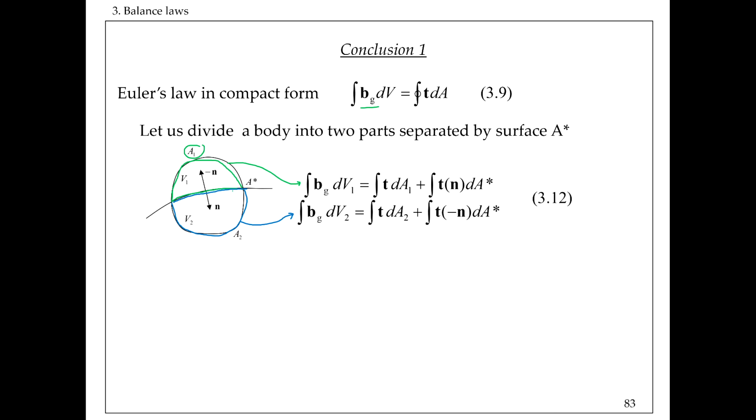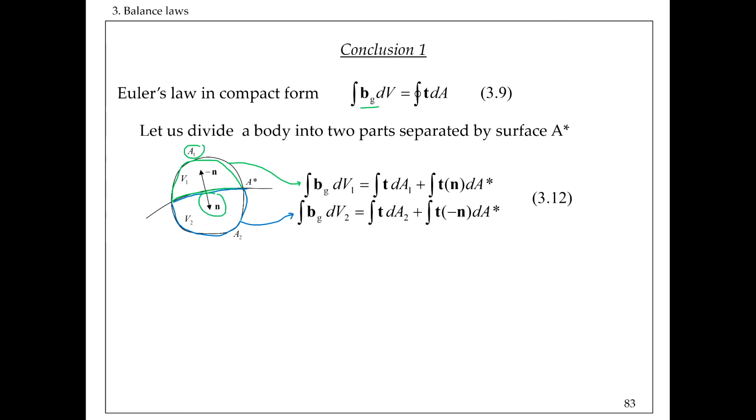Here it's important to know that we actually have the normal, which defines A star. When we integrate over V1, our normal is this one, so this is the outer normal.